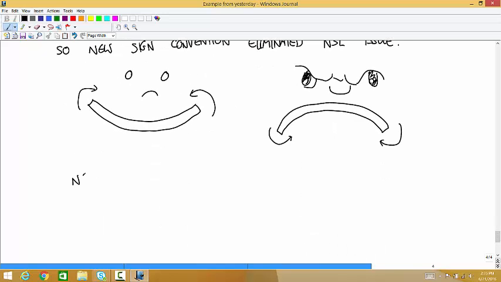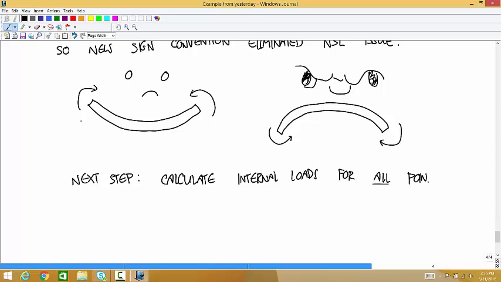So the next step is to calculate the internal loads for all points along the beam. Not just one, and there are uncountably, infinitely many points, so we need a better strategy than just starting a list.